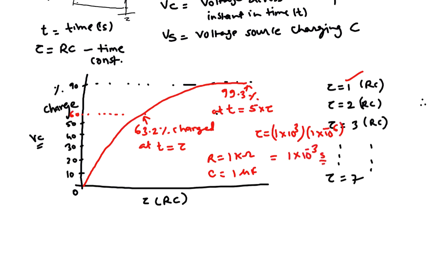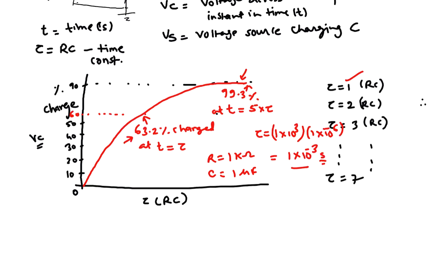So you will have 1 millisecond to charge to 63% on the capacitor, and at 5 milliseconds, because 5 times the RC, your capacitor is charged up to 99.3%.